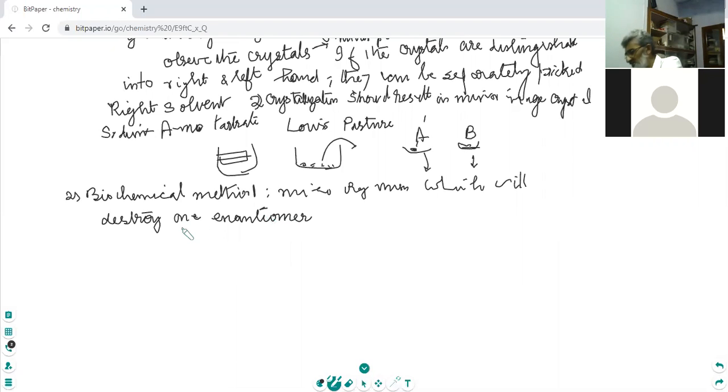So you should have the right microbe. One will be eaten by this microbe, the other will be left behind, and then you can take that solution and crystallize the second one.